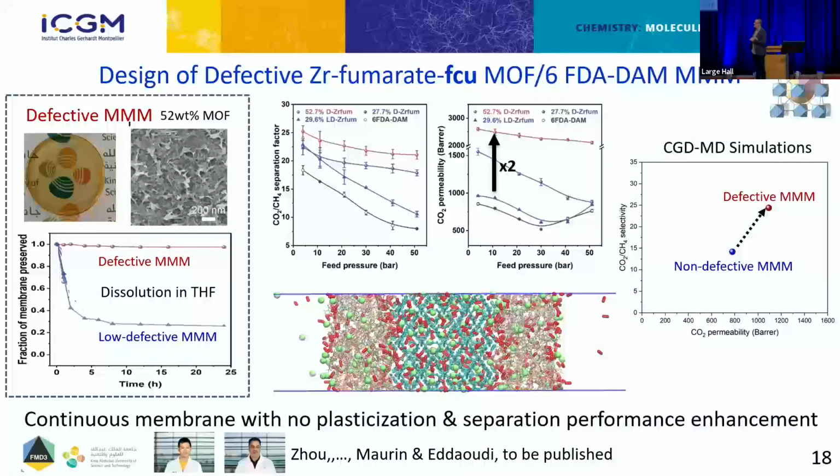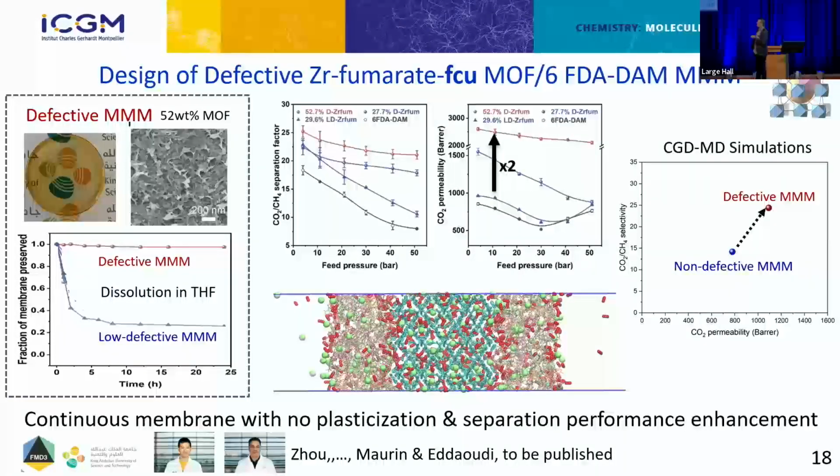And what is also good is that when they made tests to test the stability of the MMM in THF, you see clearly that for the defective one, you also increase the stability of the MMM compared to what they call the low defective MMM. Experimentally, when they made the permeability experiments, they observed an increase of the permeability by a factor of 2 between the non-defective or low defective system and the high defective system.